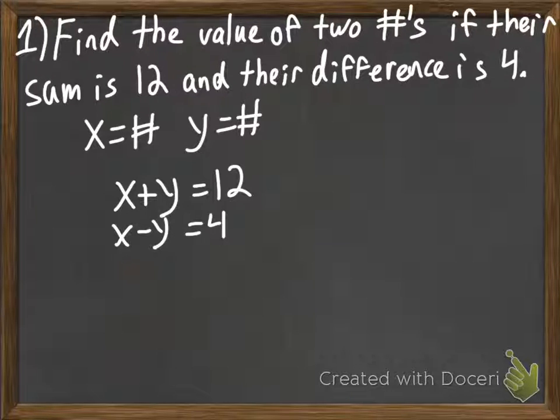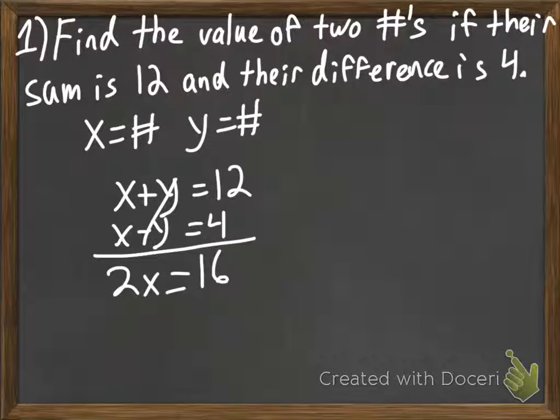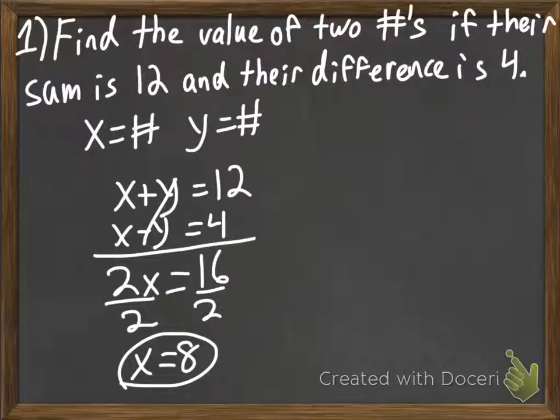Alright, so it's already set up, so we're going to add them. So we get x plus x is 2x, our y's are going to cancel, and then we get 16. So we divide by 2, and we see that x equals 8. So we're going to pick one of our originals. Let's just pick the first one.